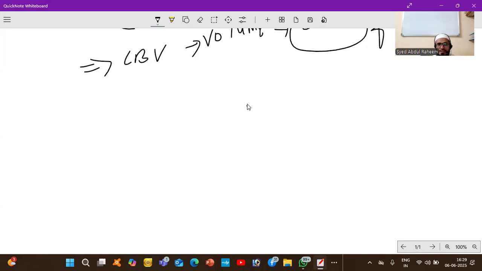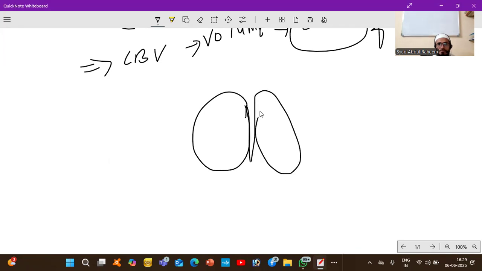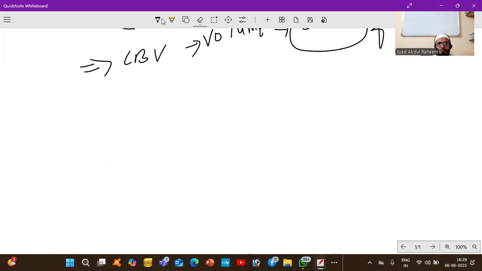Whenever an ischemic state occurs, if you assume this is a brain, these are the gyri and sulci.